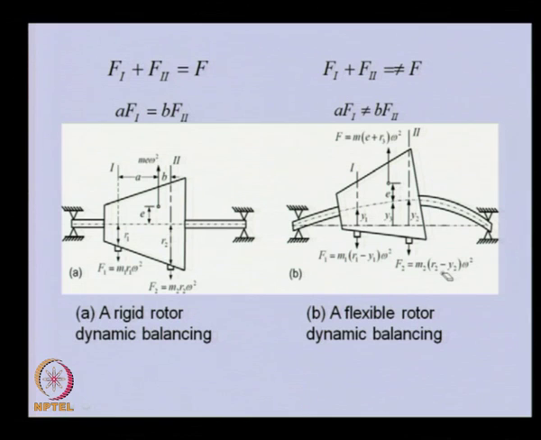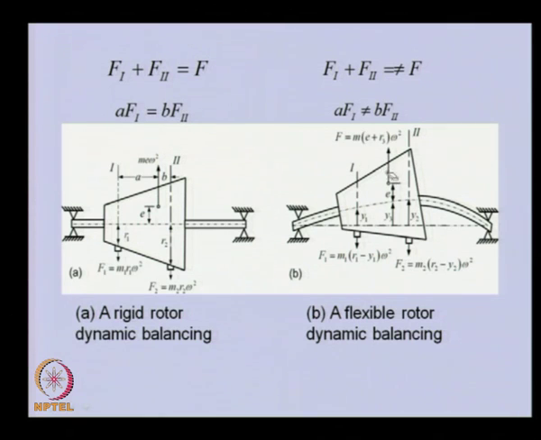So, now we can see that the equations which we wrote earlier will not be valid, because these centrifugal forces are not the same. Once they are not valid, we don't have the balancing of the residual unbalance in the system.